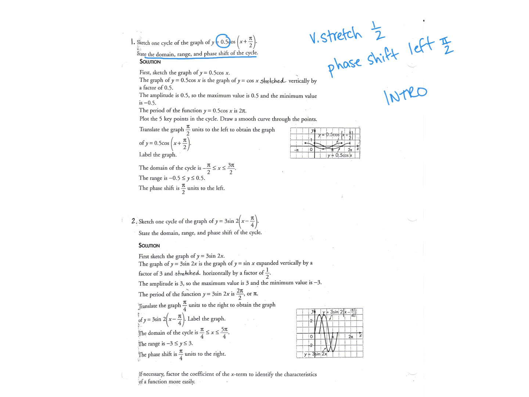As we move into question 2, we should be asking ourselves, why did they include this problem? Right away it's asking you to sketch one cycle of the graph. What in problem 2 is different than in problem 1? What we should be noticing is we have this 2 here, written inside of our angle.